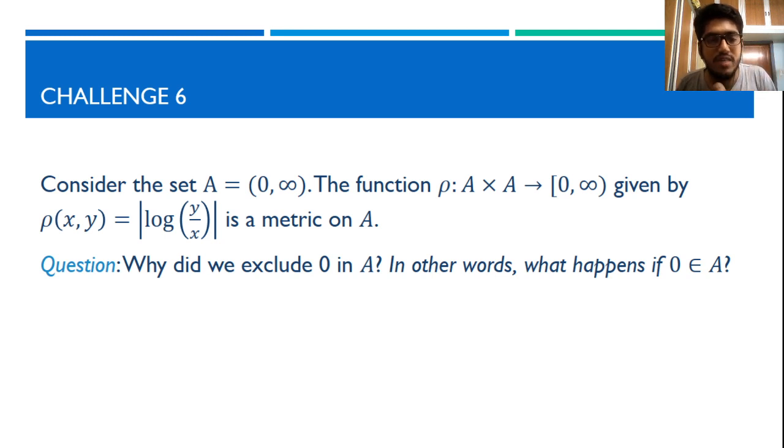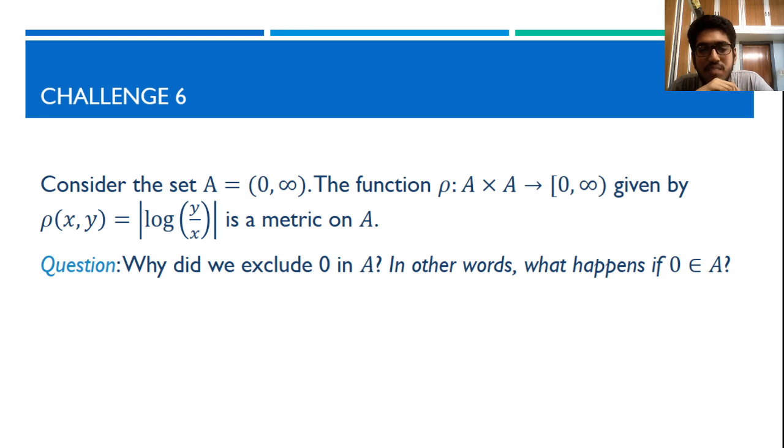The question is, why did we exclude 0 in A? What happens if we put 0 in A? Yes, as Mahesh pointed out, if you put 0 in A, log 0 is one possibility, but even worse than that, our arch enemy comes in: log of y by 0.